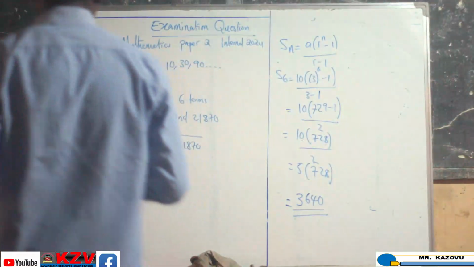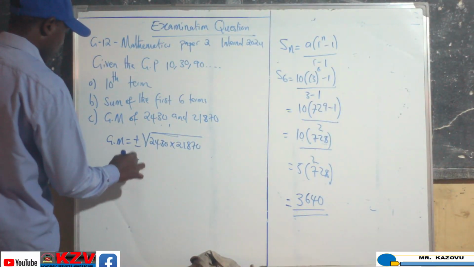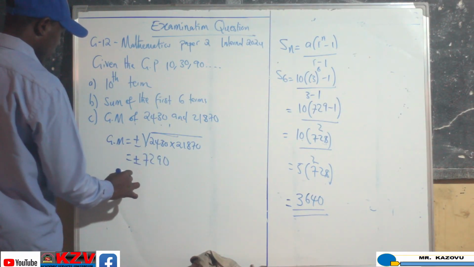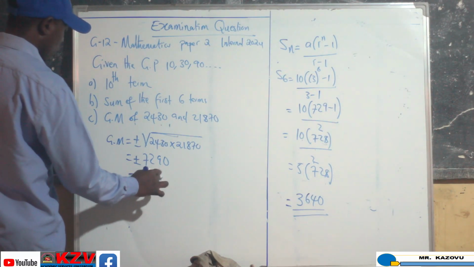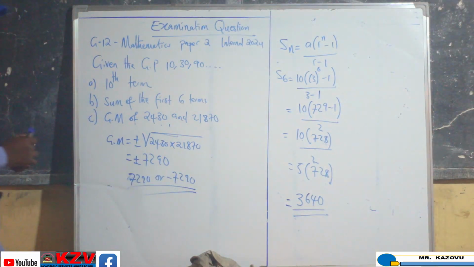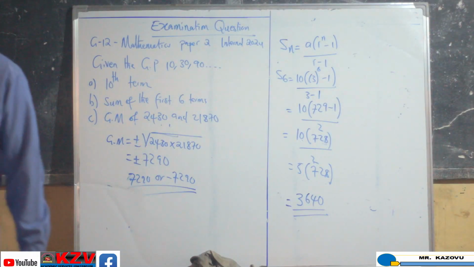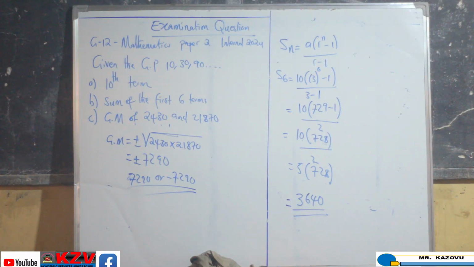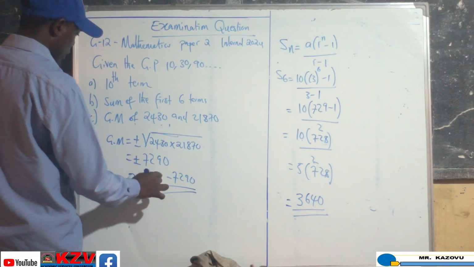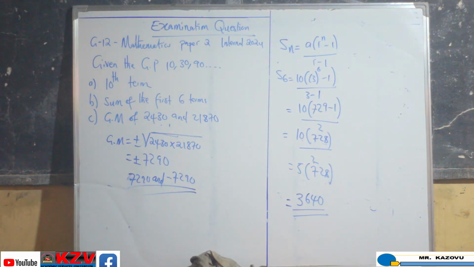So here we have plus or minus 7,290. So we can have 7,290 or negative 7,290. You can use the word and there: 7,290 and negative 7,290. Can I use and? Yes, you may, but they mean the same thing.